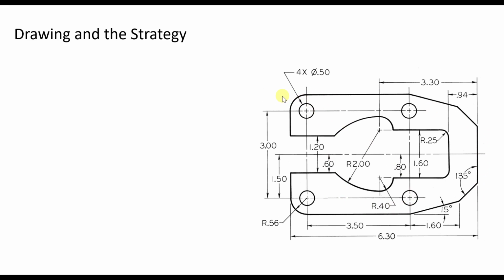So we can draw a rectangle that encompasses the entire part, and then draw everything inside. We can draw a circle, use a rectangular array. Again, there's going to be some complexity here, but we can draw part of the lower half and mirror that against this center line. Okay.